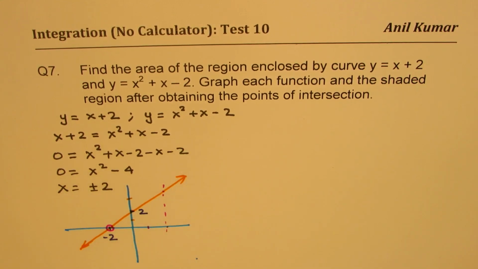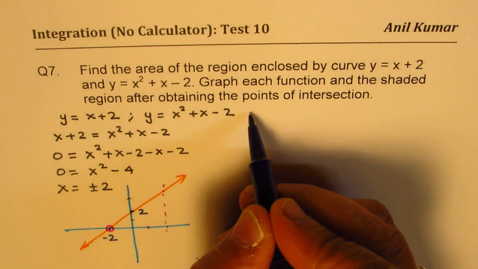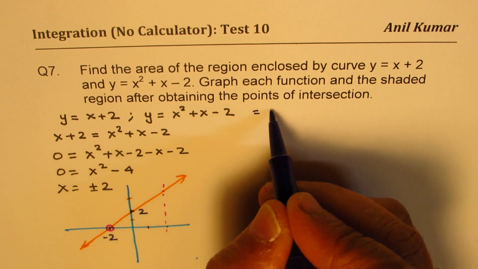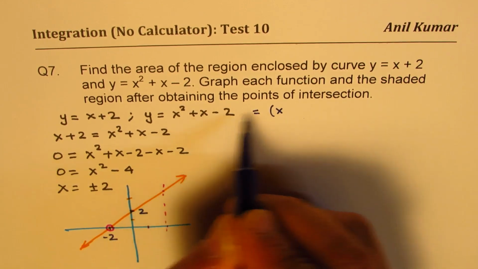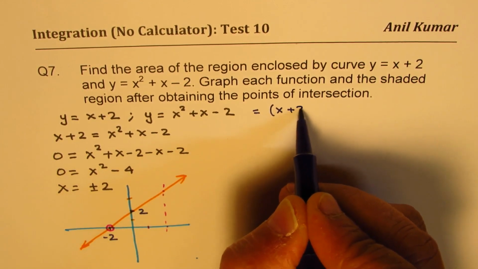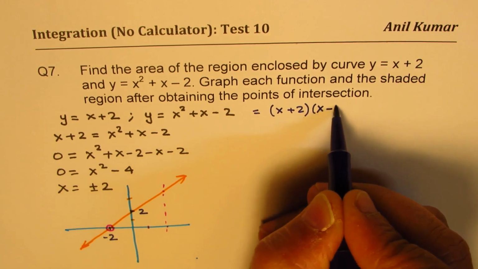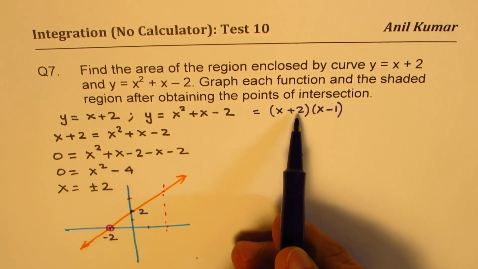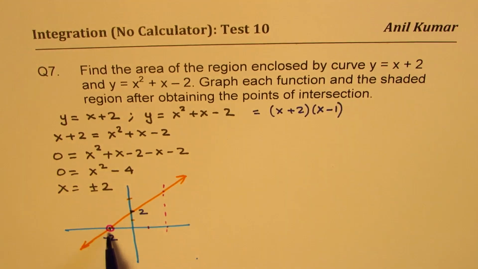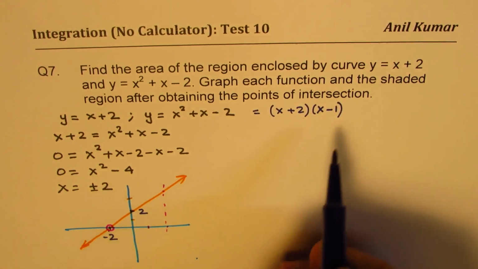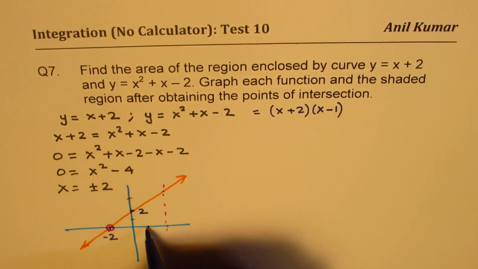The equation x squared plus x minus 2 can be factored, and we can write this as x plus 2 times x minus 1, right? So that means we have a 0 at minus 2 as expected, and the other one is at 1. So we have two zeros for this parabola.